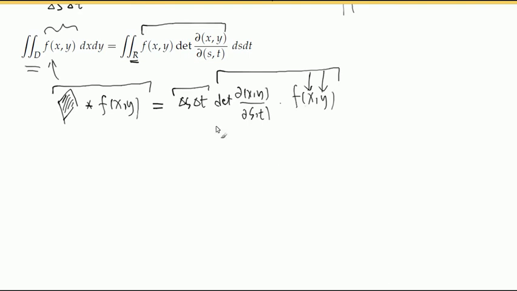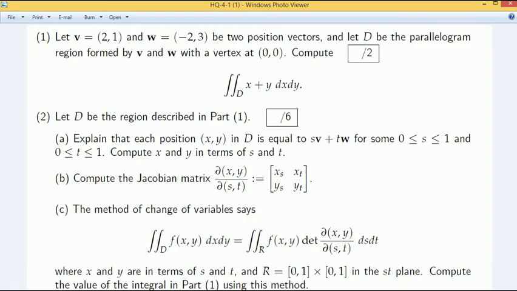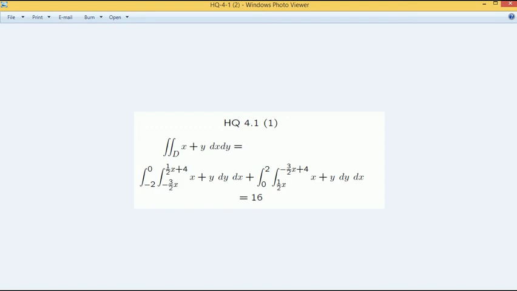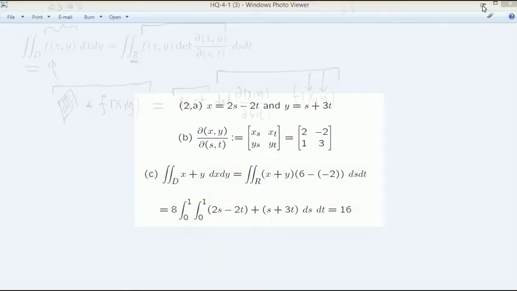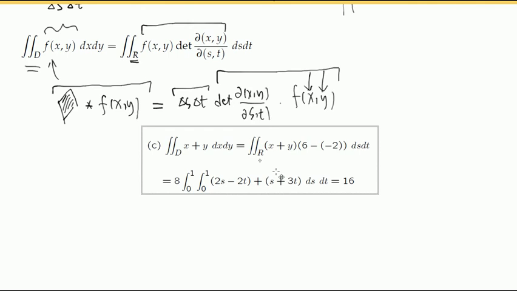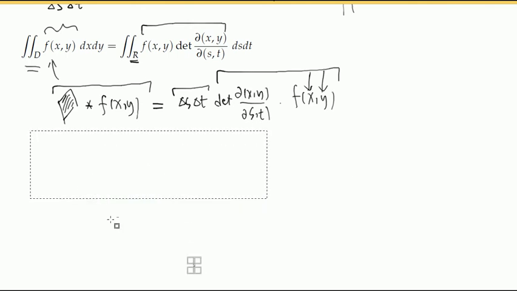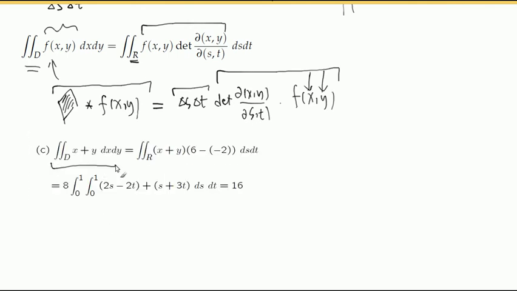So in that case, I think the answer here is this one. This is our original problem, right? Integrating that, but you look at it in the parameter space st, like a different observer of the same phenomenon, and R in there, that's the rectangle, 0 to 1, 0 to 1.